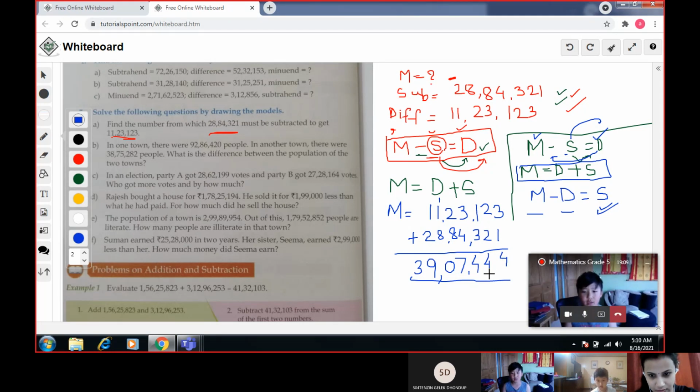You wrote 9 here. You forgot to regroup. Okay, here, 8, 9 plus 1 is 10. Yes, right, it is 10. Correct. 8, 9 and 1, 10. Right. 2, 3 plus 1, 4.